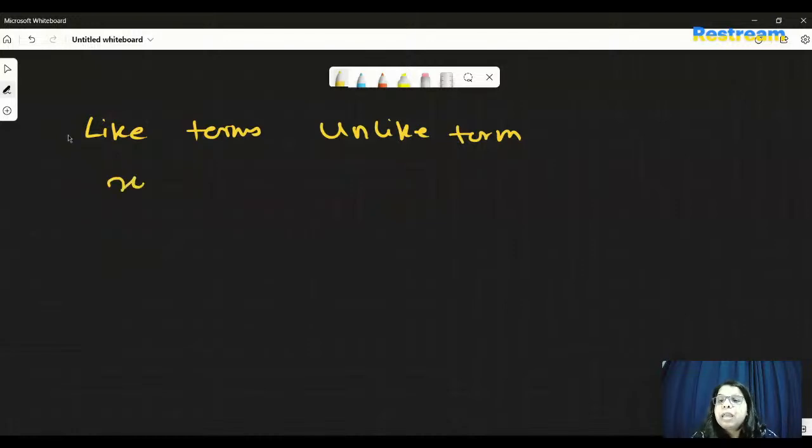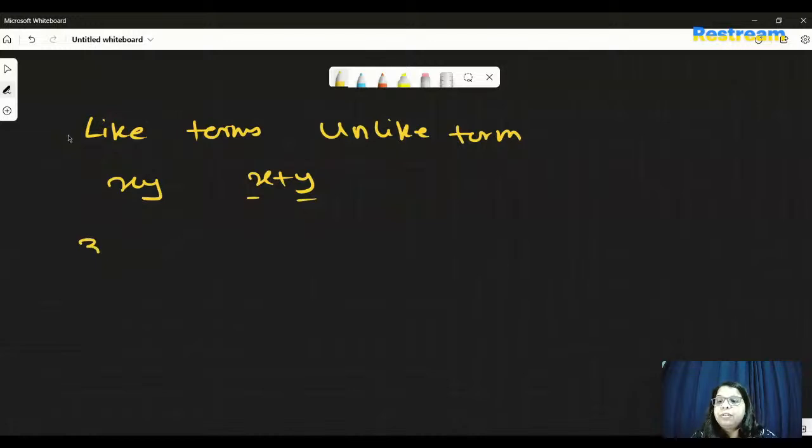So let's say xy is a term. x plus y are two terms. So xy is one term, but x plus y are two terms: term 1, term 2. Now, what are like terms? Like terms are those terms in which the variables have the same composition.